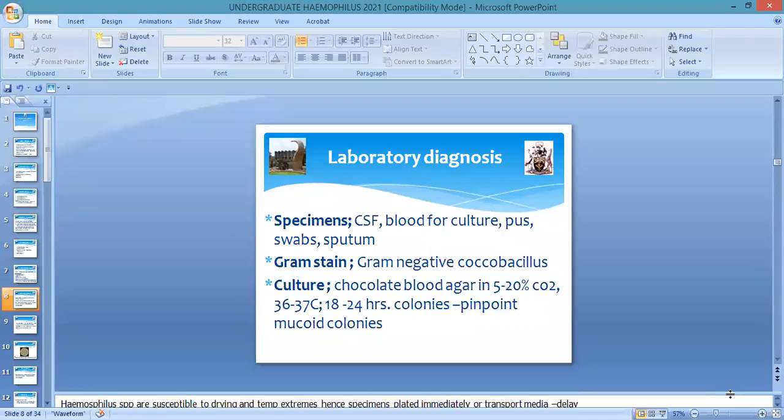When collecting a sample that requires transportation, you need a transport media, because in case of delay you might lose the organism. On culture, after growth, you'll see pinpoint, mucoid colonies. They're quite small but mucoid because of the presence of the capsule.